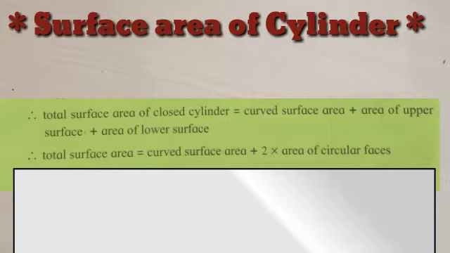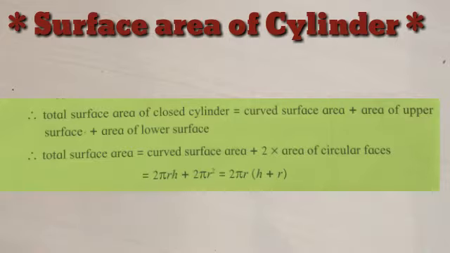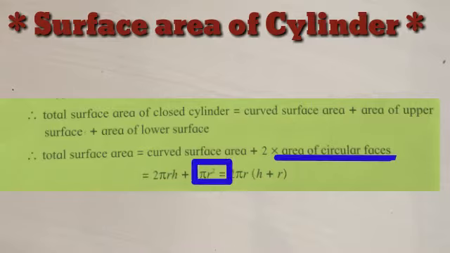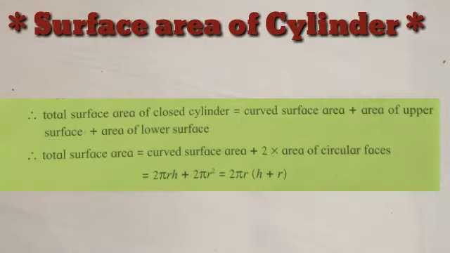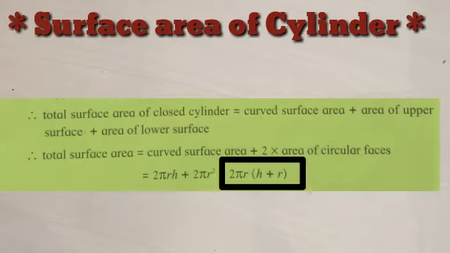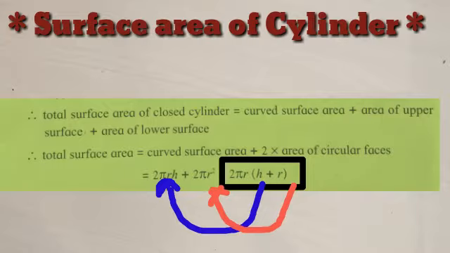If we put the values properly, the curved surface area, which we know is 2 pi r h, plus 2 multiplied with the area of the circular face. The area of a circle is pi r square. Yes, students? Now let's take 2 pi r common from both the terms. So 2 pi r into bracket h from the first term and r from the second term.